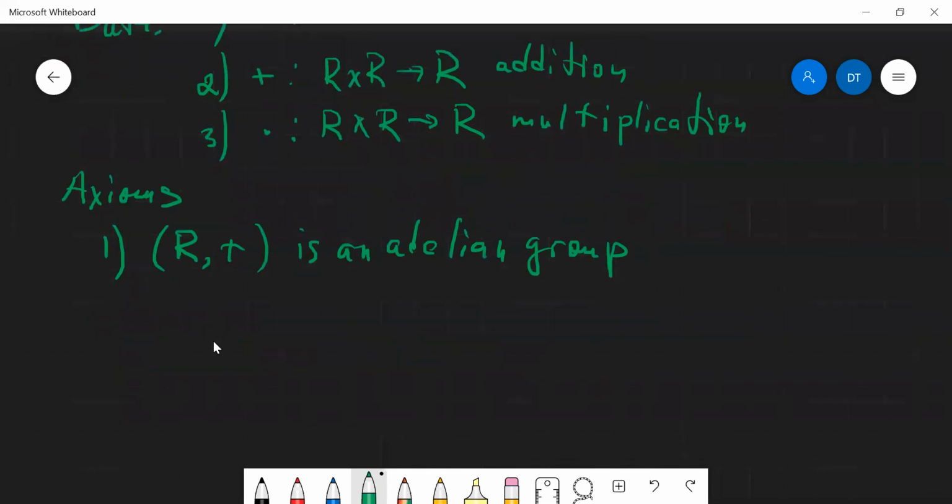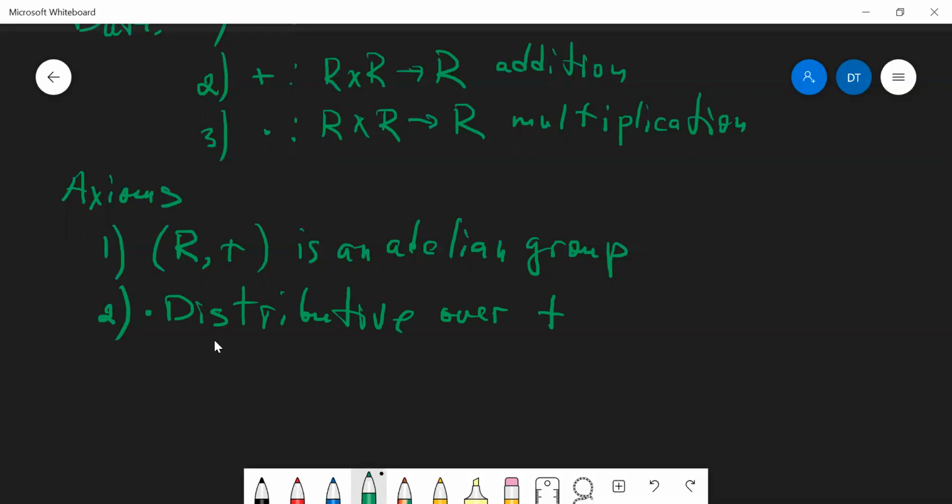Next, we want multiplication to be left and right distributive over addition.